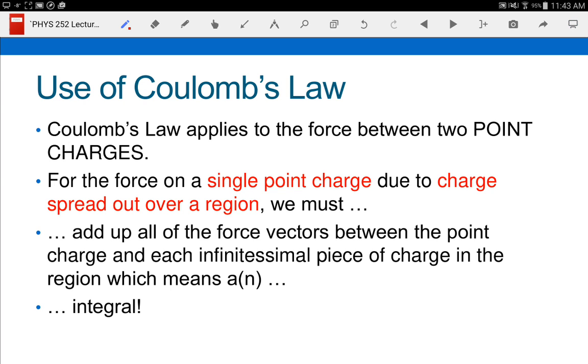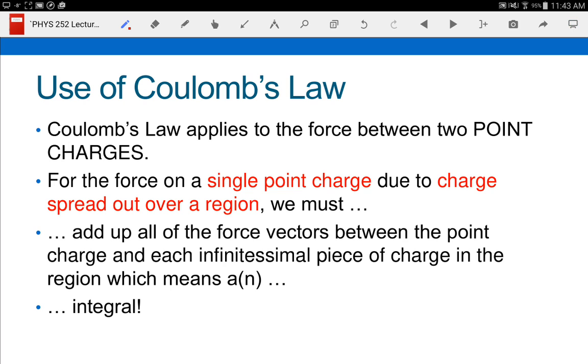It would be reasonably close, but it's not uniform. So I have to add up the charge from each location. I have a vector for the force between this point and here, and a vector for between this point and here, and I would add up all of those vectors.